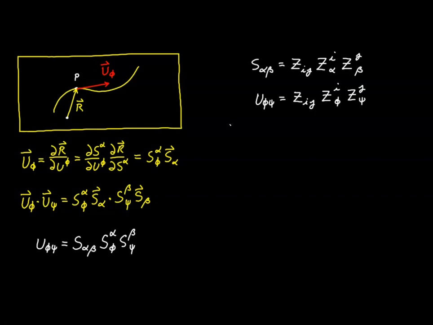Now you'll recall that we can express our coordinates z as a function of our curve coordinate u, and we can also express it as a function of our surface coordinates s. And there is a relationship, of course, between s and u, so s can be expressed as a function of u. So this relationship allows us to find the partial derivative using the chain rule.